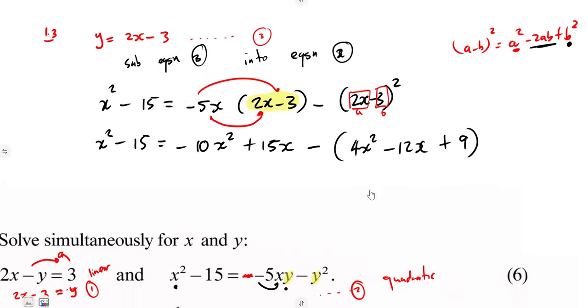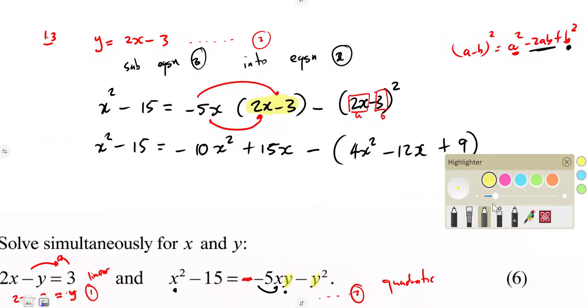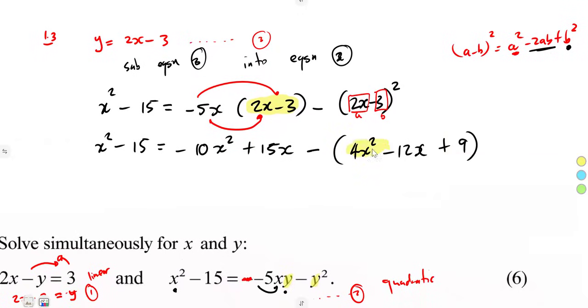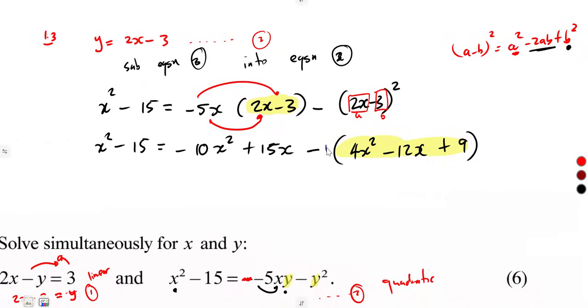And still, we can expand it further because we have got a bracket here on the right hand side. So we have to expand this bracket by the negative outside of the bracket. So that is simply a negative 1 that we have. So we must expand.